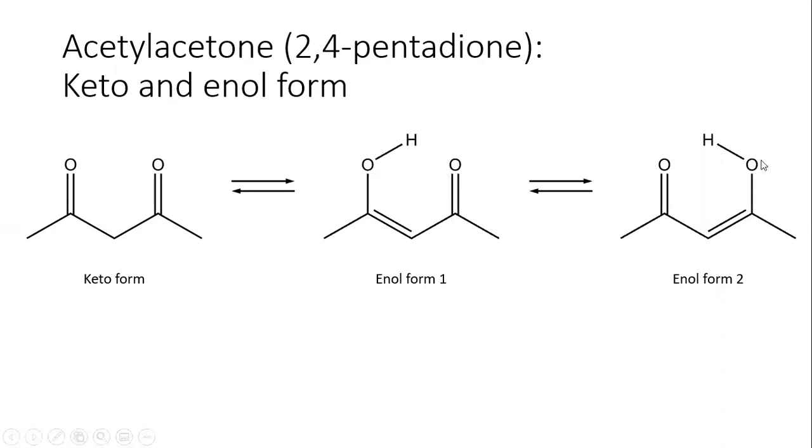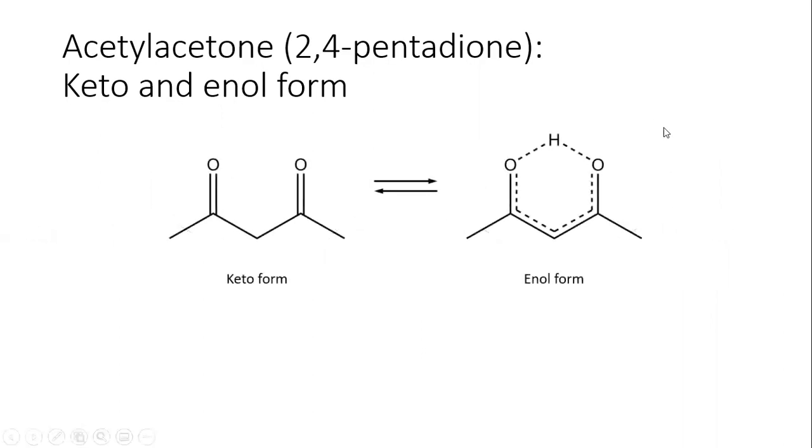In the two enol forms here, they actually exist in equilibrium as well. So we cannot actually distinguish between them because of symmetry. For the ease of thinking about the process, you can also think of the enol form as a resonance between the two enols on the left or the right-hand side.